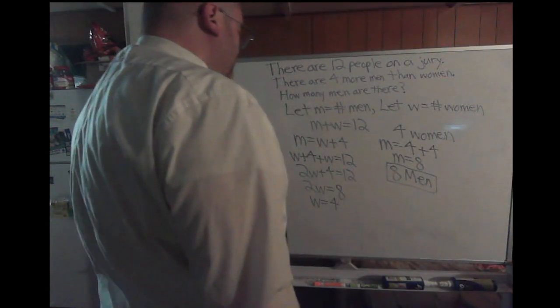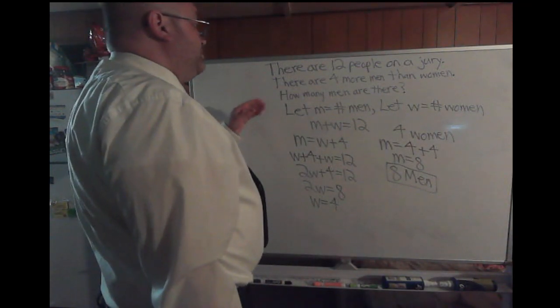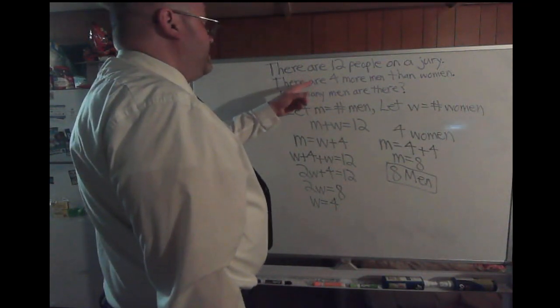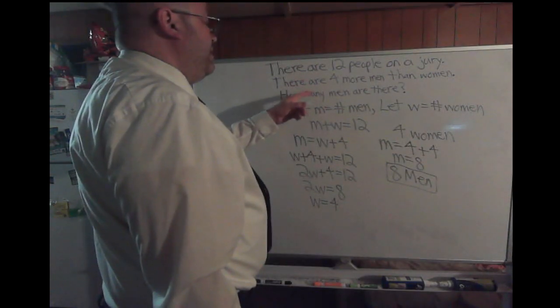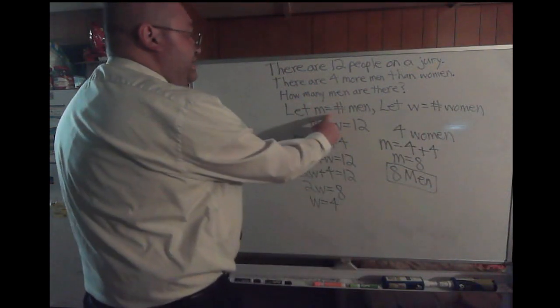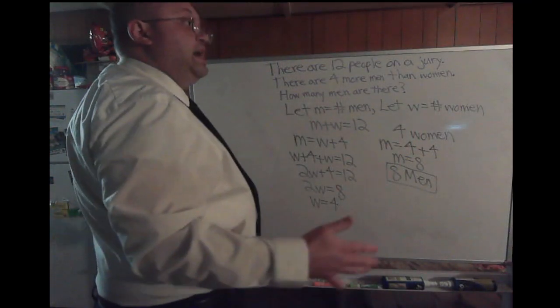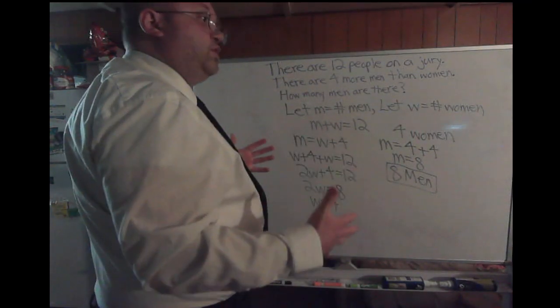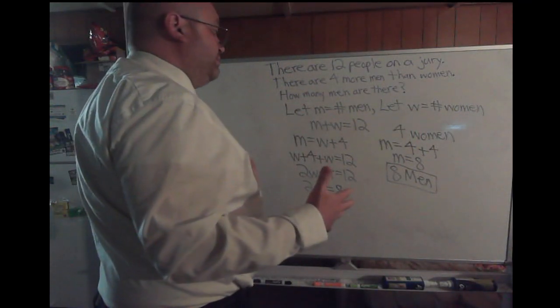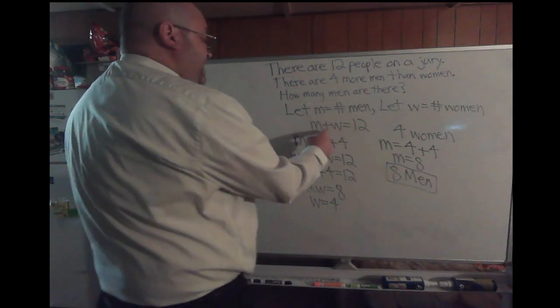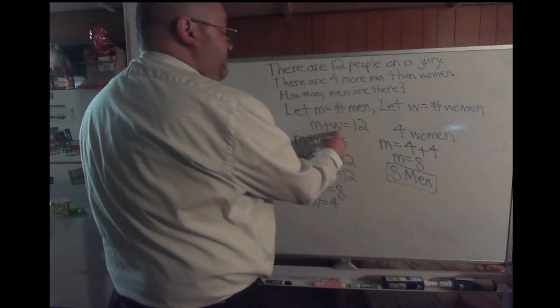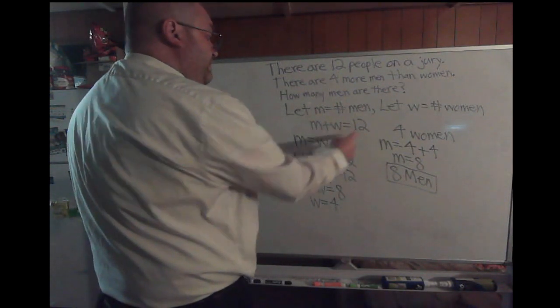So, again, this one was about there are 12 people on a jury, there are 4 more men than women, how many men are there? So I let M equal the number of men, let W equal the number of women, defining good letters for our unknowns, for our variables. I put the fact that the number of men plus the number of women together equals 12.